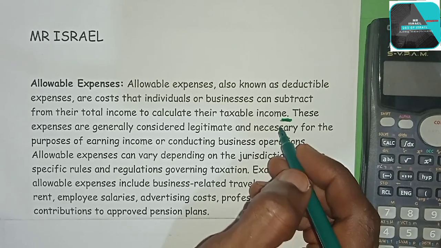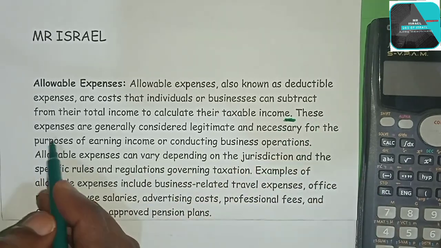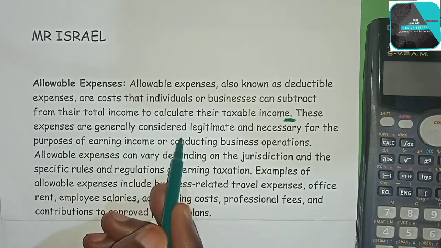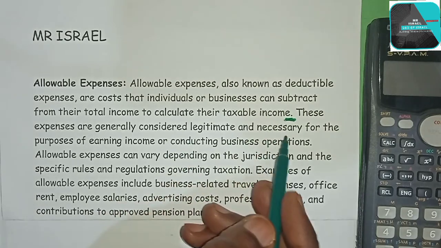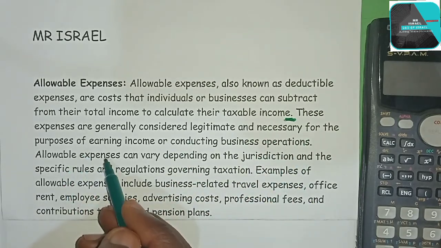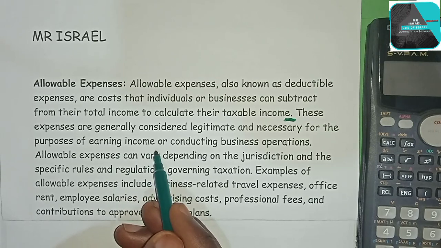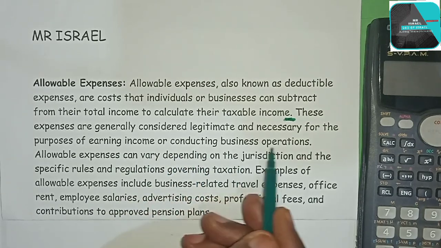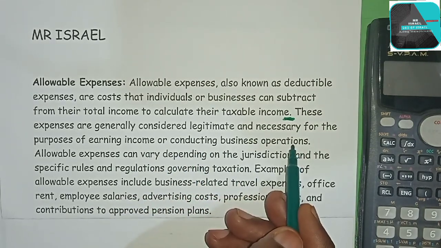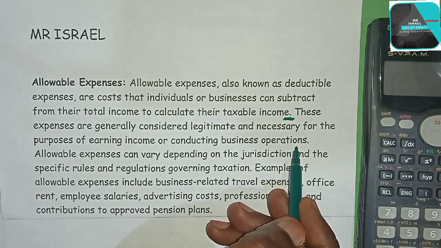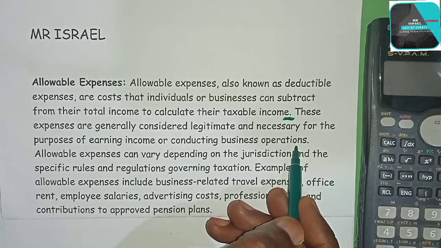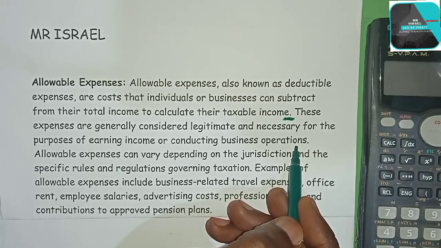Those are allowable expenses. Now, these expenses are generally considered legitimate and necessary for the purpose of earning income or conducting business operations. The expenses that are allowable are those that are legitimate to the business, those that are related to the business.